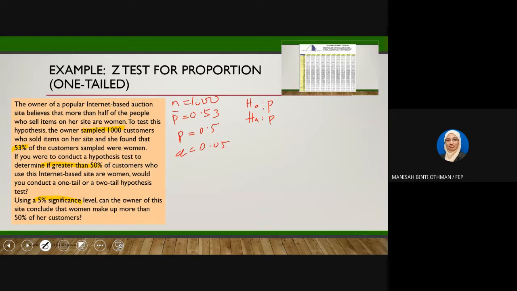Which hypothesis is more than, null or alternative? Is 53 more than? Which is the alternative, null or alternative?